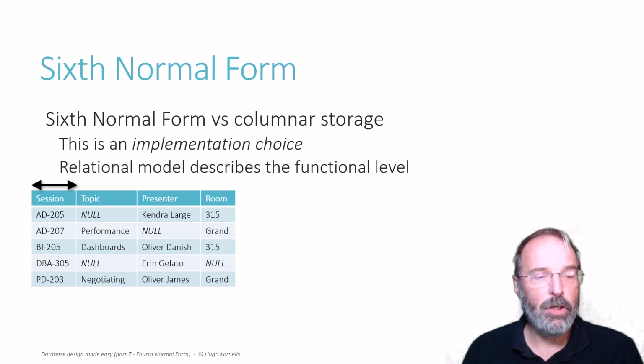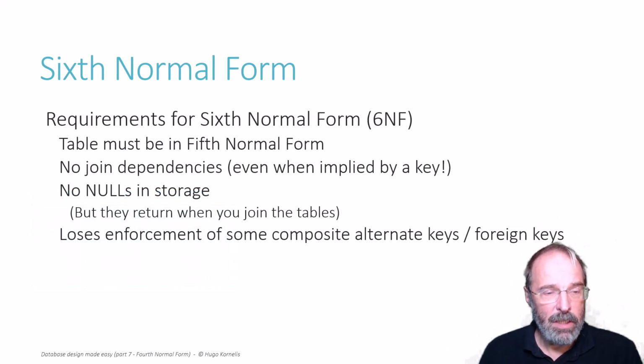So let's recap what we learned. Sixth normal form requires that the table is in fifth normal form, but then there also have to be no join dependencies that are implied by a key. The benefit of this is that in the stored data you will not have any nulls, but in a standard mainstream relational database system, you will get them back when you join the tables, so you still have to learn how to deal with the special logic that nulls impose on you.